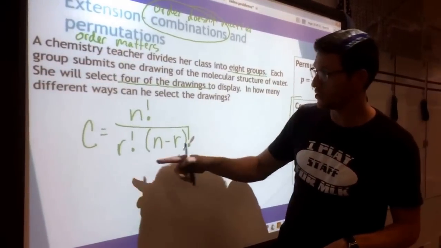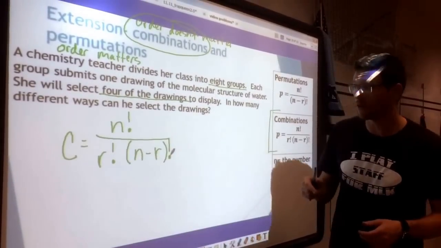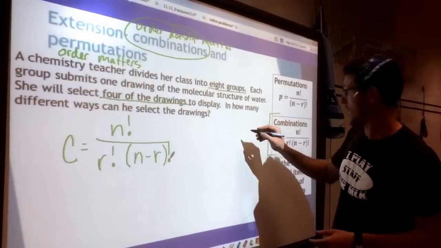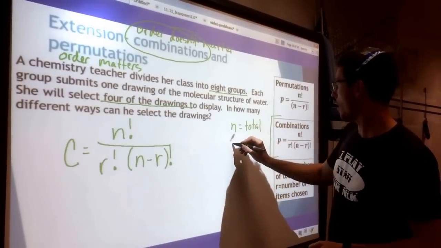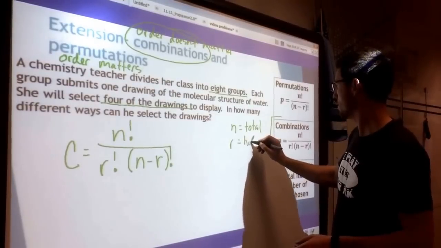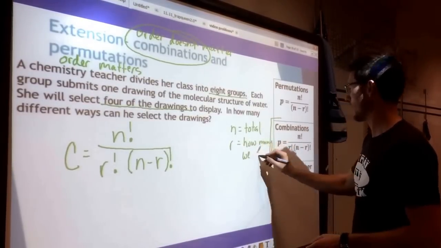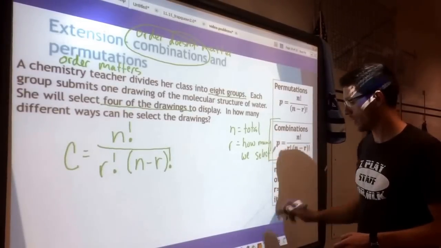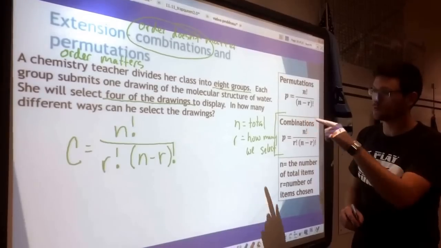The only thing that changes is we have this extra r factorial in the denominator of our fraction. And once again, n is the total, and r is how many we select.